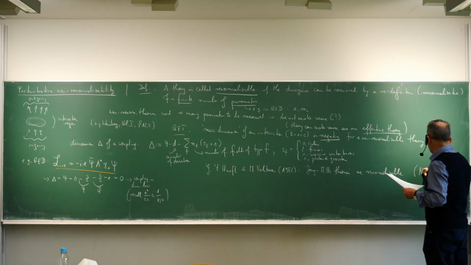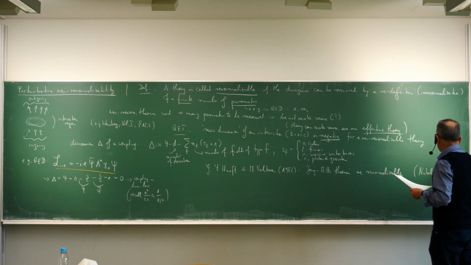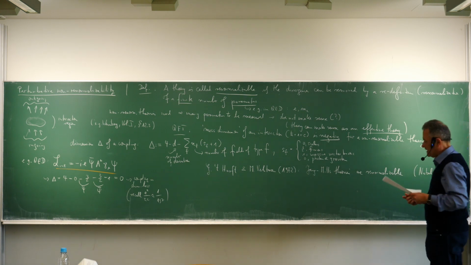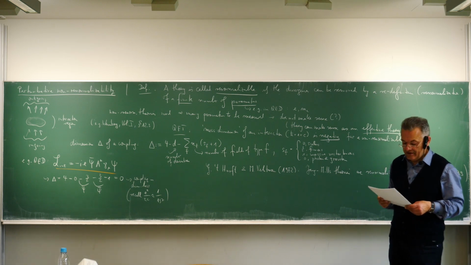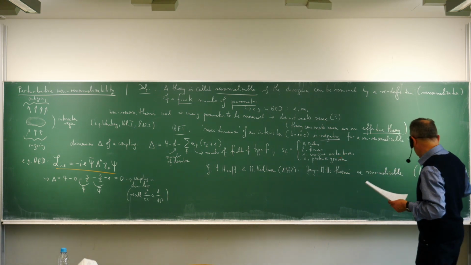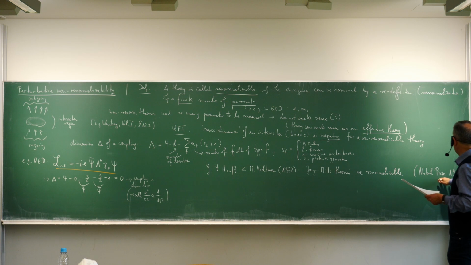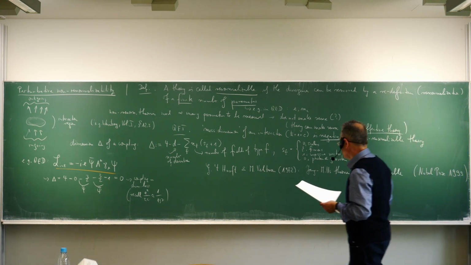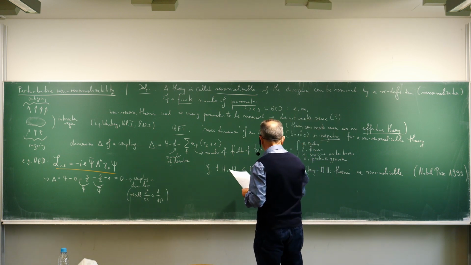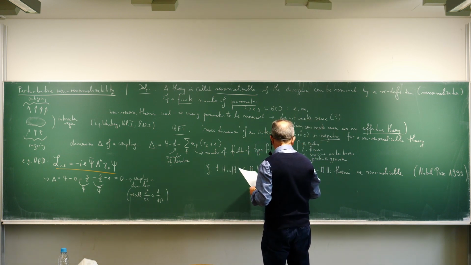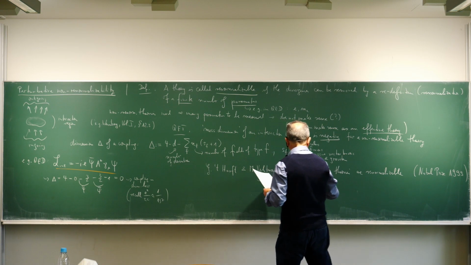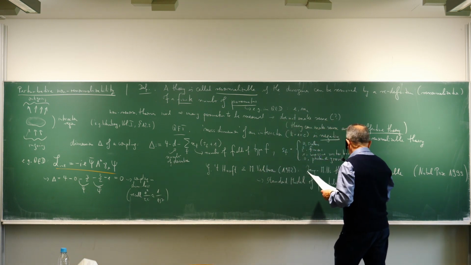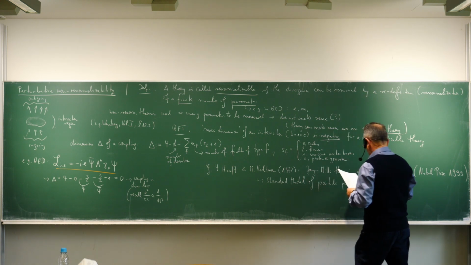Actually, this is what earned them the Nobel Prize in 1999. So this is very theoretical, but because it's so important also for experiments, this is what convinced the Nobel Committee. So the Standard Model of particle physics is renormalizable.